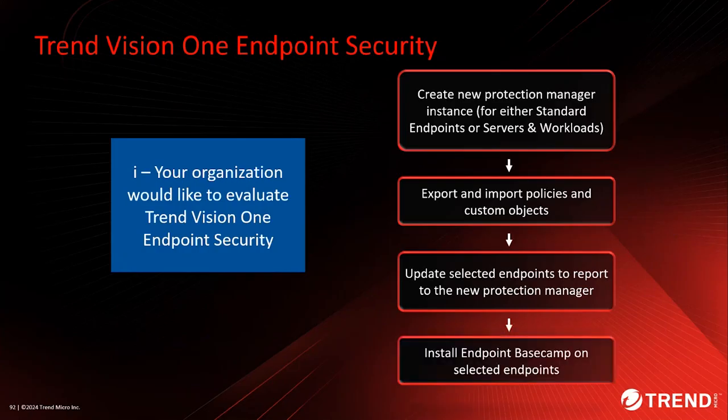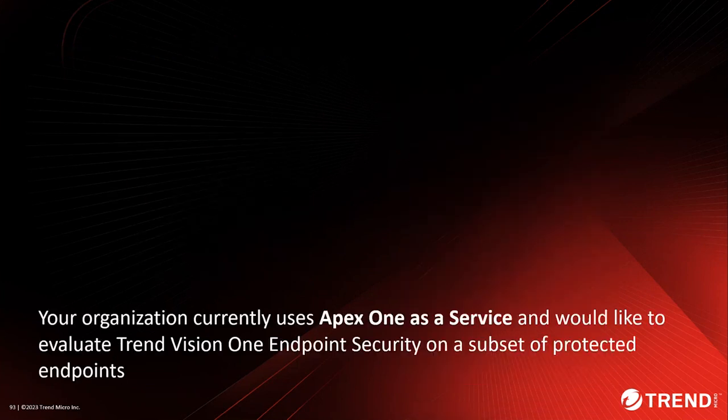So to address this, we will need to proceed with installing the endpoint sensor package, which we often refer to as Basecamp. This installation is essential for enabling Vision 1 to collect detailed telemetry and provide the right response actions against threats. So it's the scenario again, just making sure that we are on the same page.